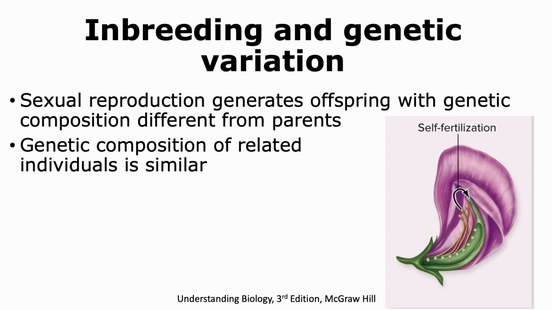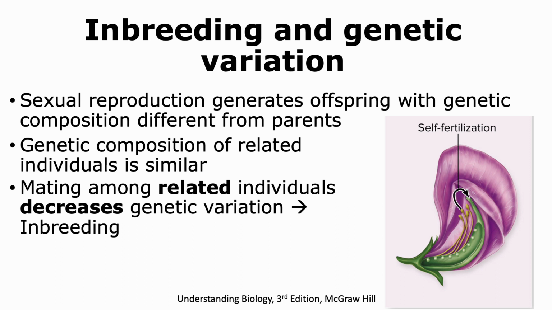It should be noted that the genetic composition of individuals that are related to one another is similar. And hence, when mating occurs among related individuals, it actually decreases the genetic variation of the different members present in that family. Such a phenomenon where mating occurs among related individuals is called inbreeding.